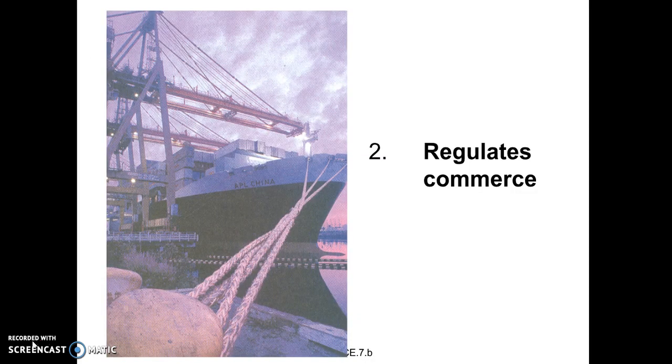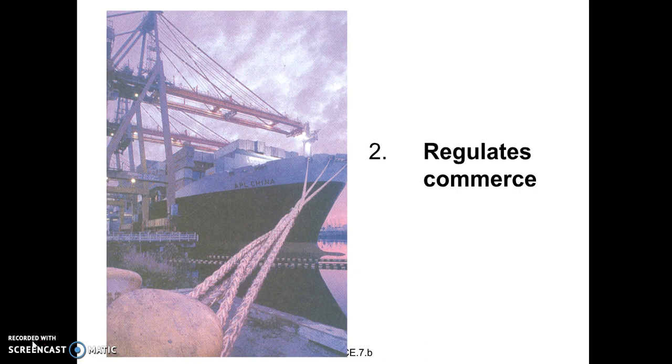Also, the federal government regulates commerce. Remember, this only has some to do with tariffs and trade agreements, but it also has to do with regulating businesses. Congress can regulate discrimination, so that businesses can't discriminate in their hiring practices. Congress can also regulate businesses in their pollution, making sure that they're not polluting too much.